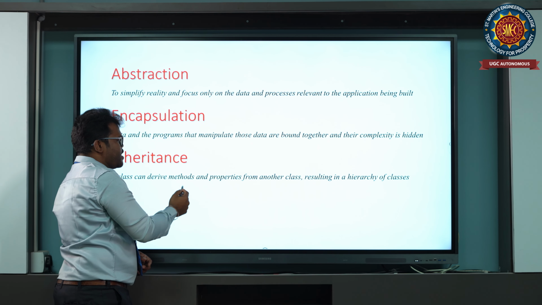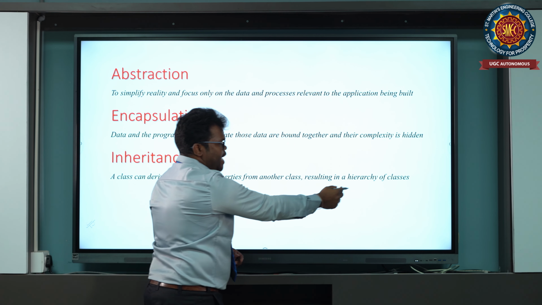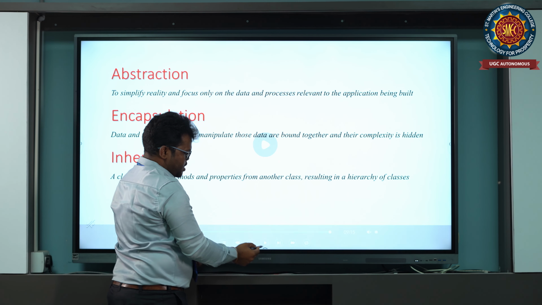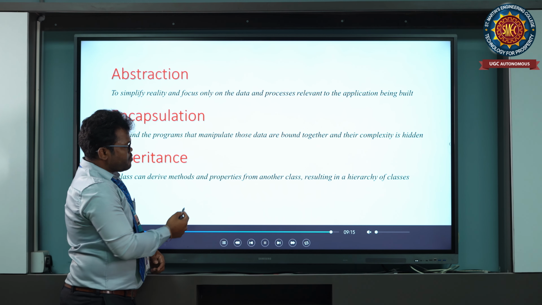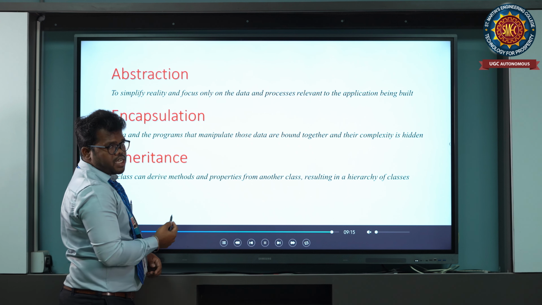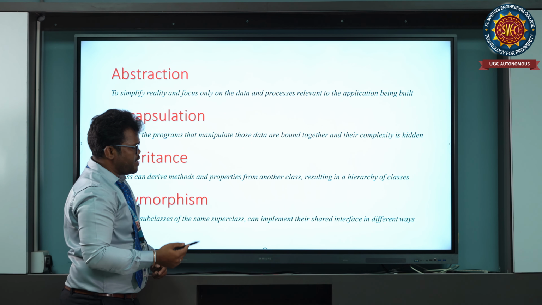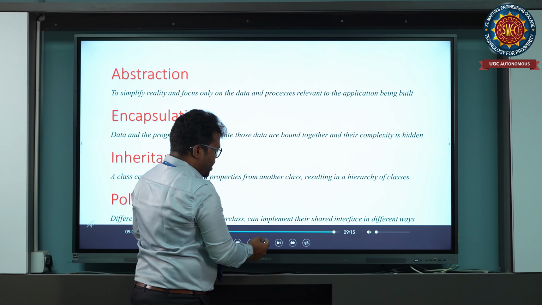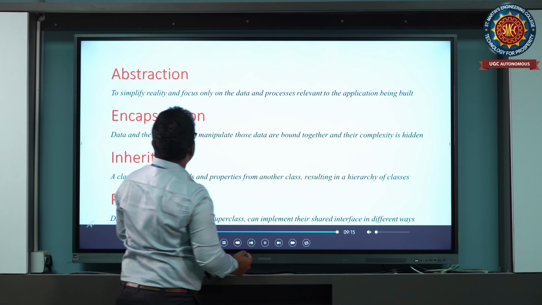Inheritance: a class can derive methods and properties from another class, resulting in a hierarchy of classes. These are abstraction, encapsulation, and also inheritance types: single, multiple, multi-level, then hierarchical.